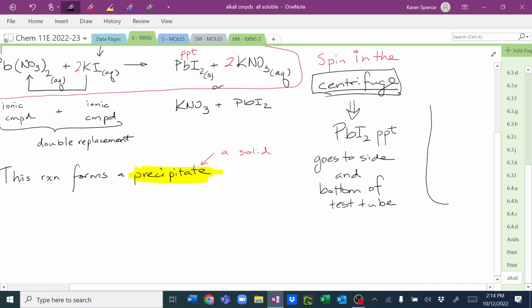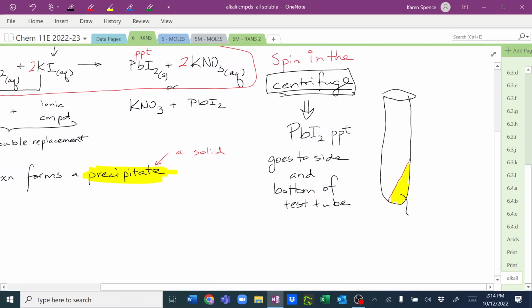I'm going to draw an idealized picture where it's not all over the sides. Okay. There's our test tube. Here's our PbI2. You can make whatever color you want. I just happen to actually have yellow. So I was like, why not? So this is our PbI2 solid.